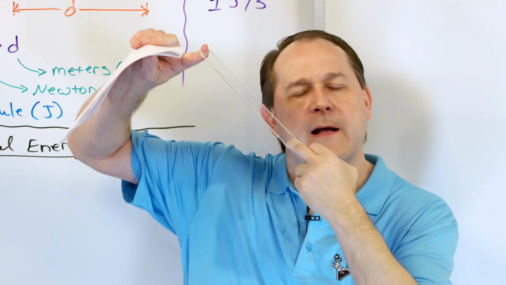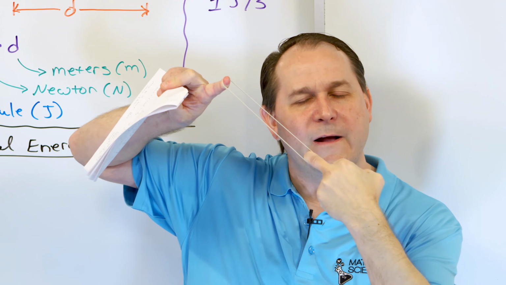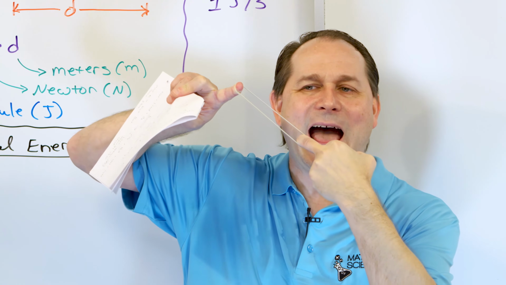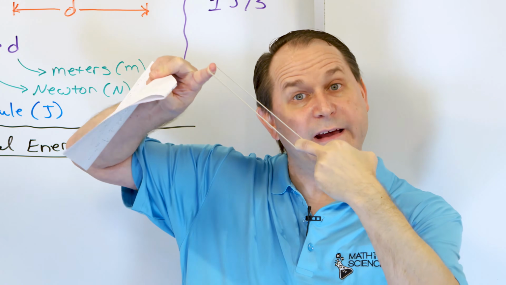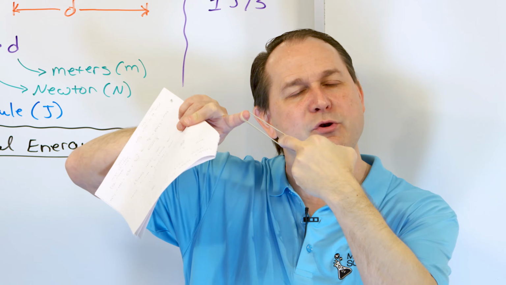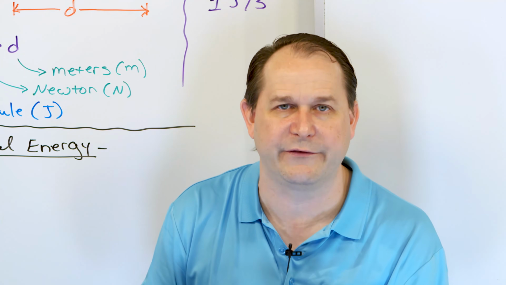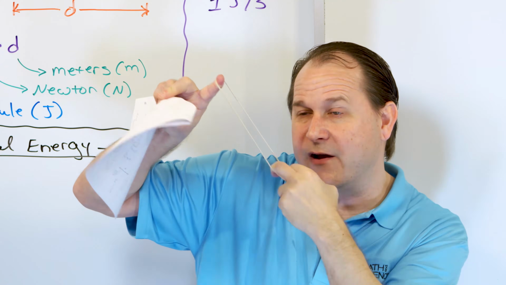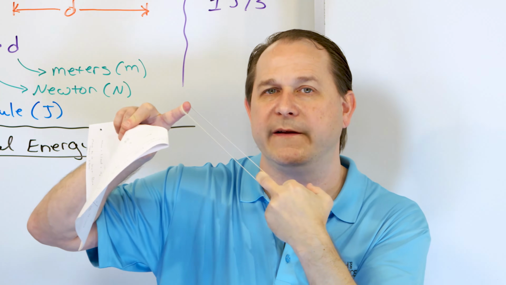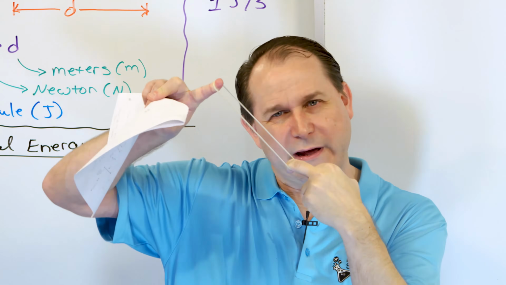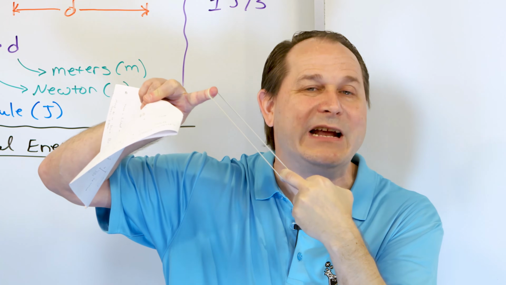This rubber band is exerting a force on my fingers. Because of that, if I let that force act and pull my fingers together, then there's a force and a distance my fingers move, and so work is being done on my fingers, right? By the force, basically by the molecules inside of this rubber band, the forces that are going on in there. So potential energy is when things are not moving, I have the potential to do work.